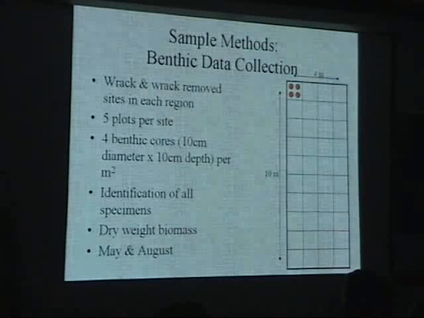So in total, I will have 400 samples for each region. So 200 at each racked beach and 200 at each rack removed beach in each region. So after May and August has concluded, I'll have a total of 1,600 samples.